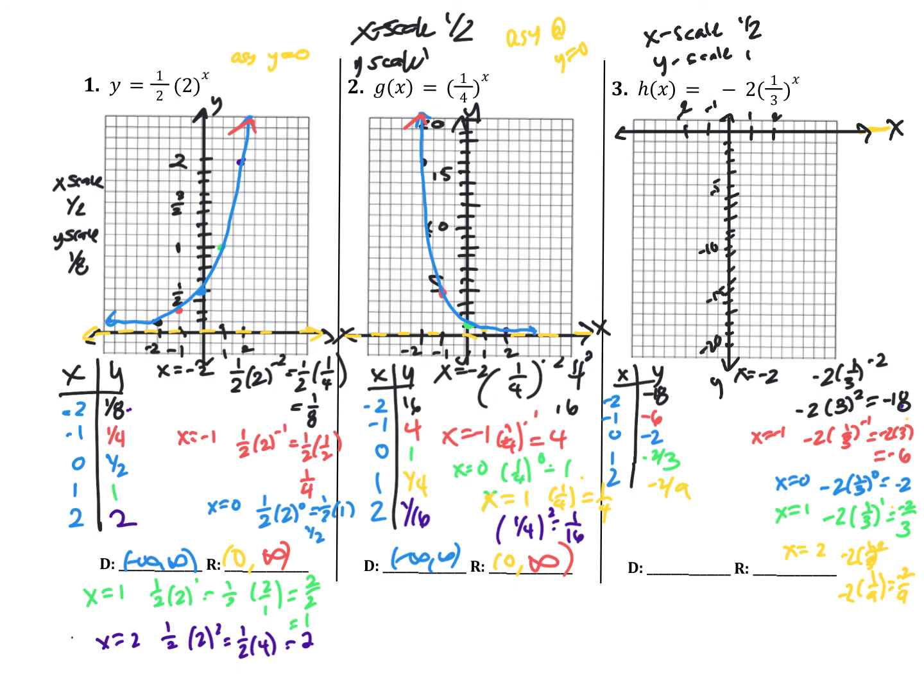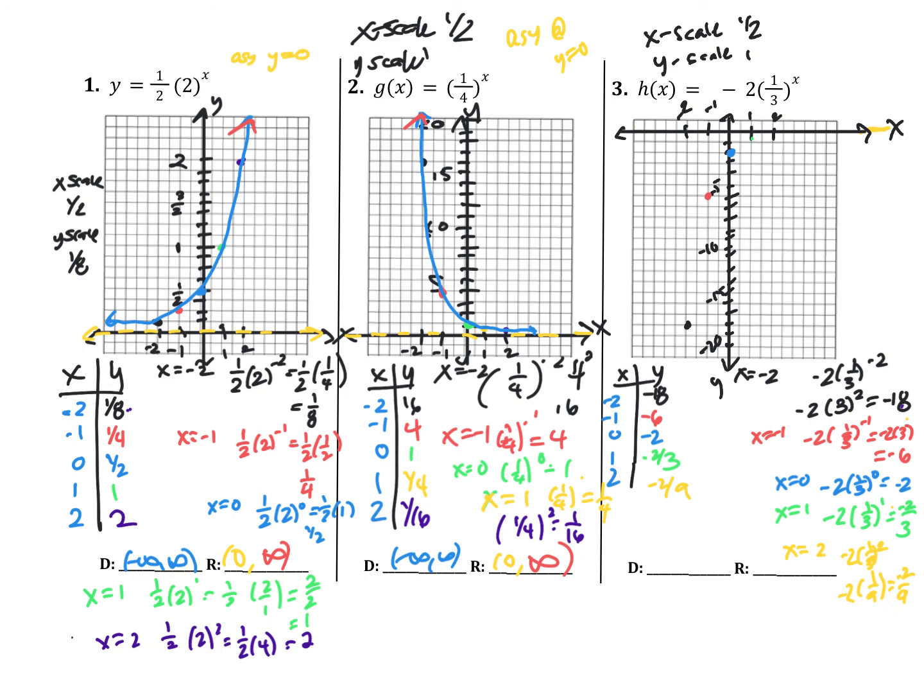So here I've added some information onto my graph so that I can plot those points. So -2, -18 is going to be way down here. And then -1, -6 is going to be up here. 0, -2. 1, -2/3, which I know it's a fraction.